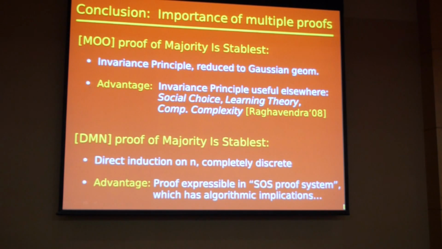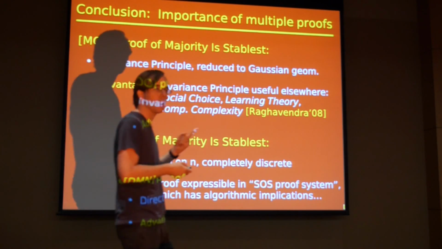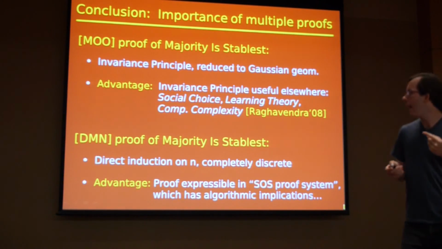On the other hand, the De-Mossel-Neeman proof of Majority Is Stablest from a year ago also has its advantages. As I said, it's a direct induction on n. It's completely discrete, so it's very aesthetically pleasing and elegant that we have a discrete proof befitting a discrete theorem. But it has one more intriguing advantage, which you may understand if you saw Boaz Barak's talk or if you're going to see Monique Laurent's talk.